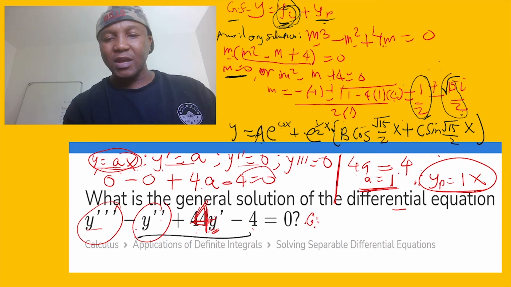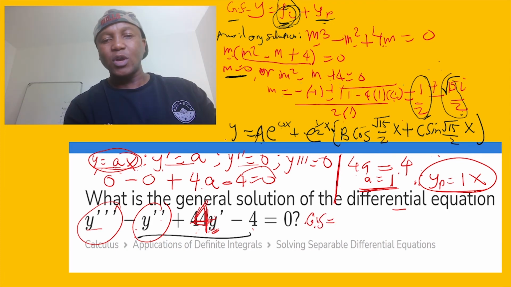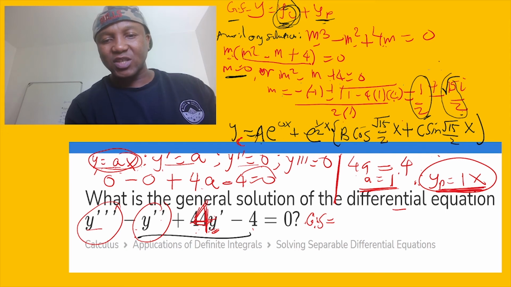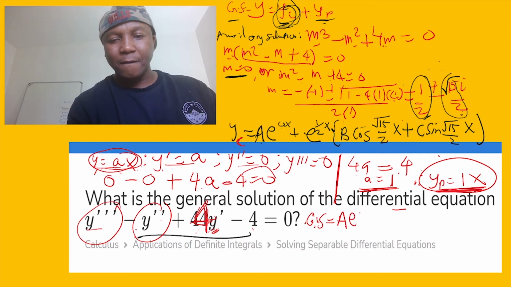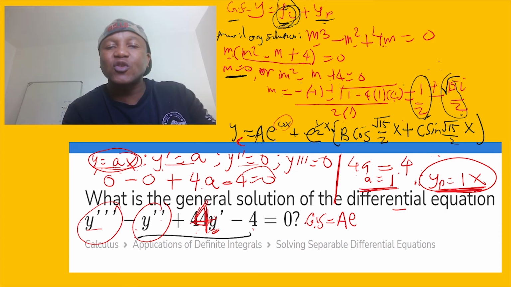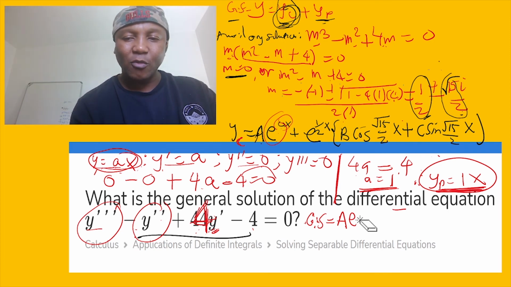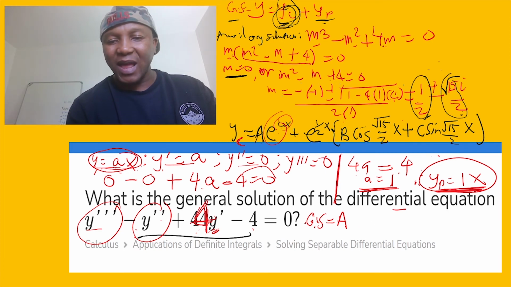The general solution equals auxiliary solution plus particular solution. What is the auxiliary? a times e to the power 0x, and e to the power 0 equal to 1, so it's just a. I don't have to write e anymore, okay? Just a.